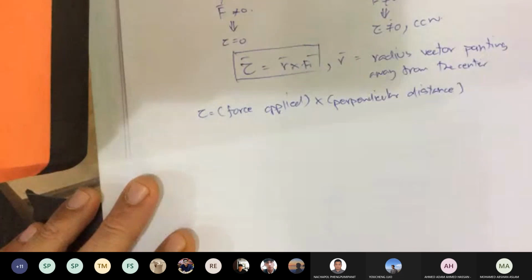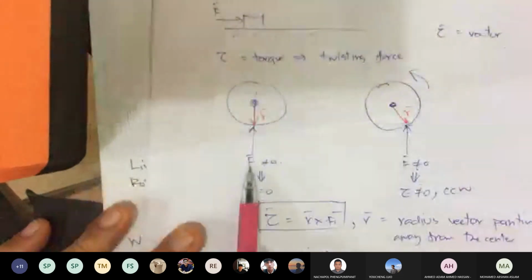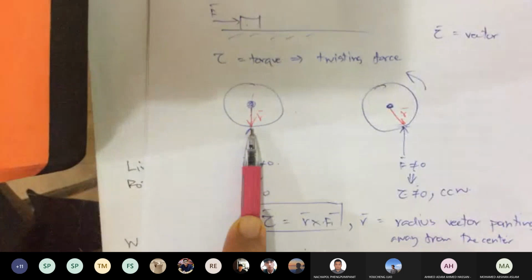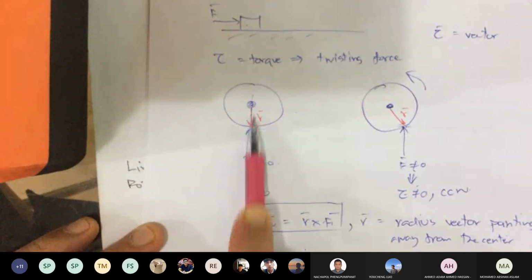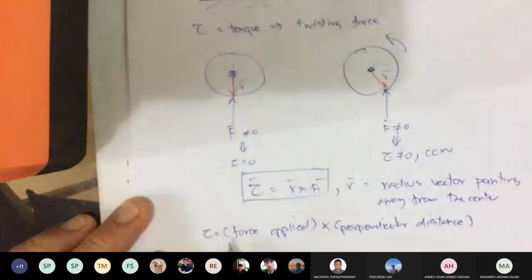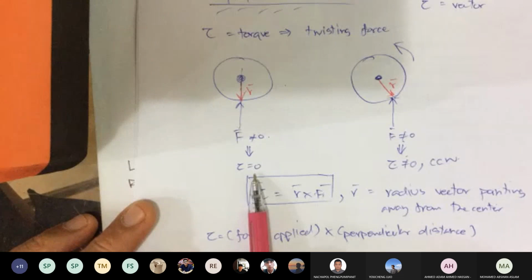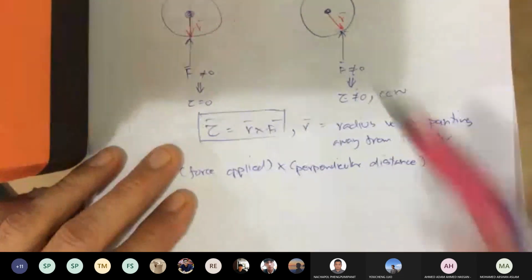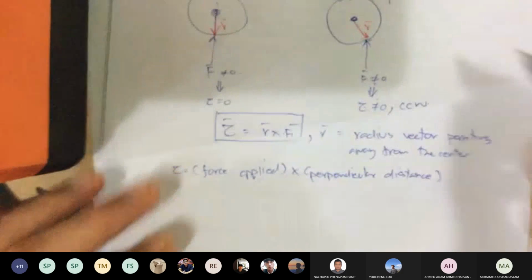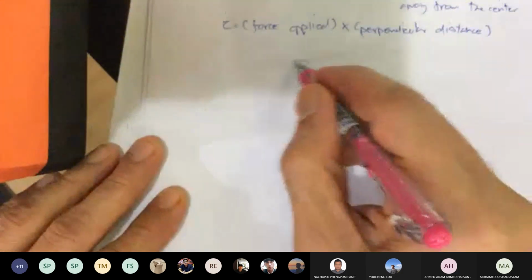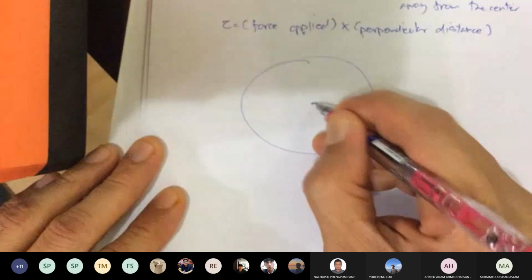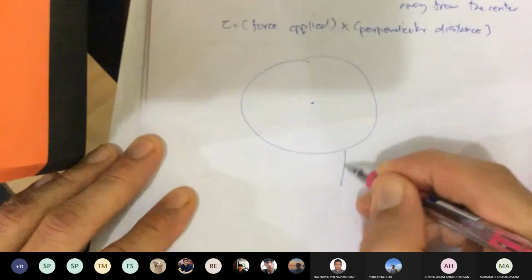Okay. So in this case, my perpendicular distance from the center is 0, so my torque here is 0. But if we use the same equation here, this is my perpendicular. If I zoom in, I get a force here.